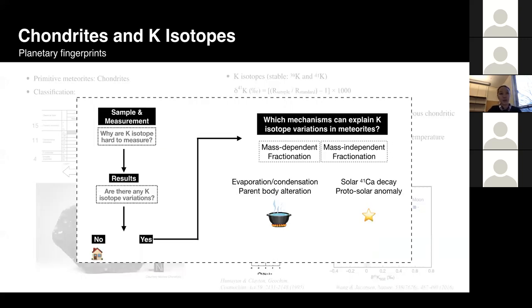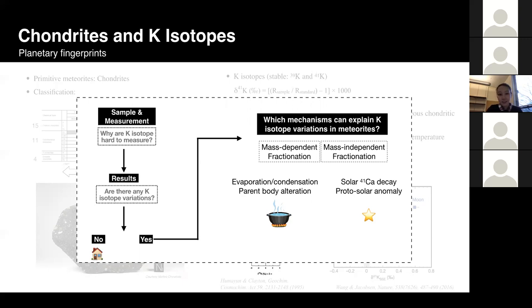So I will go through our method and result to see if there's potassium isotope variation in meteorites. If not, then it will be the end of the talk. But if yes, then we will start discussing what mechanisms are most likely to explain the overall potassium isotope variation.